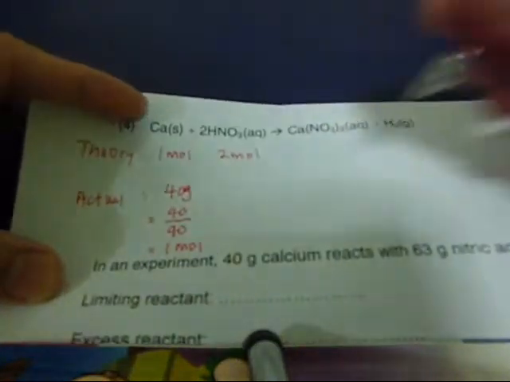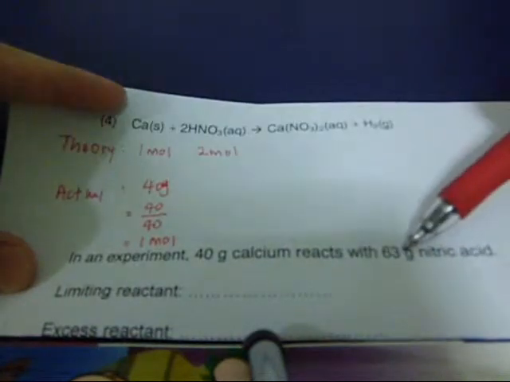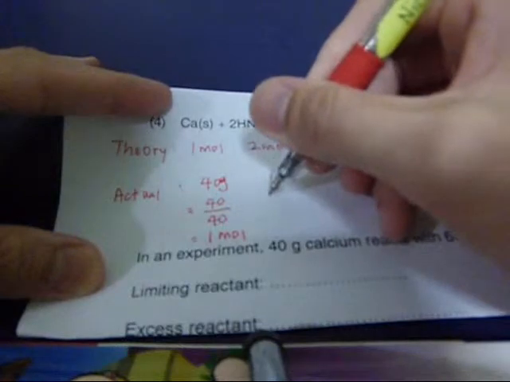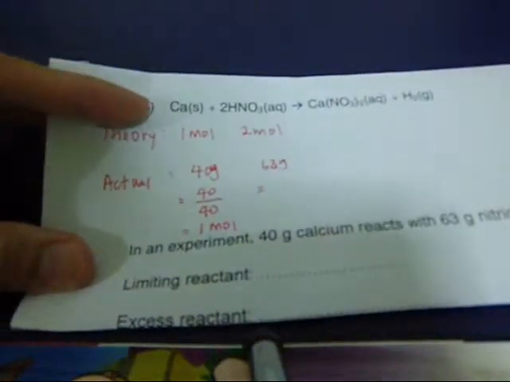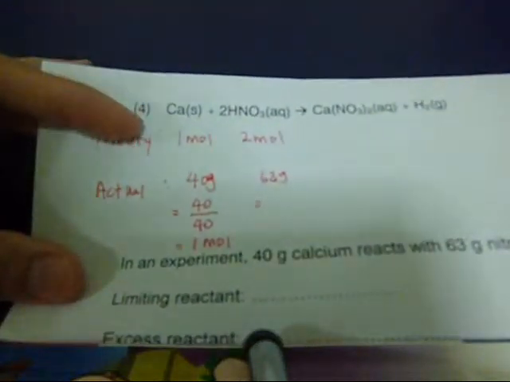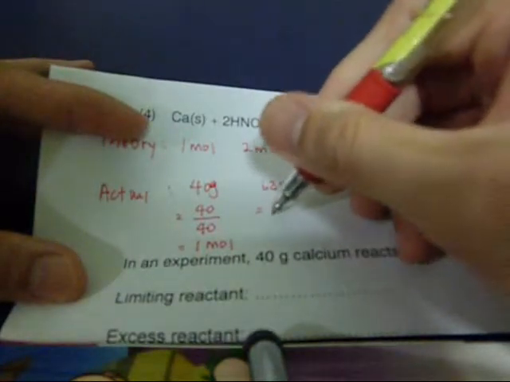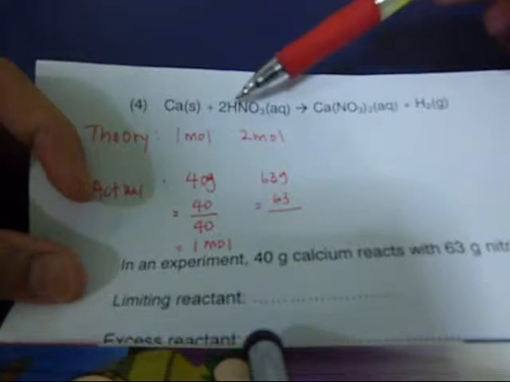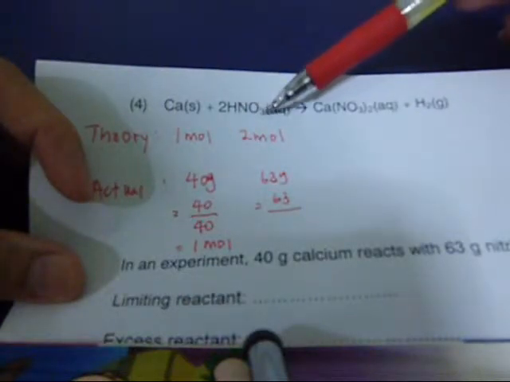Okay, likewise for nitric acid, you have 63 gram of nitric acid. What is the number of mole? Same thing, the mass divided by the MR. Now MR for nitric acid is HNO3.